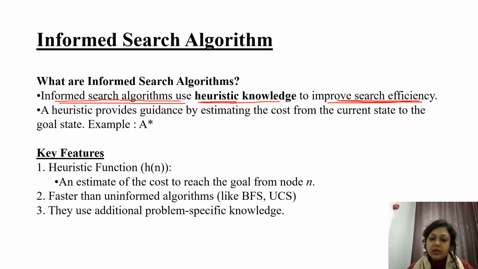A heuristic is the estimated value from the starting node to the goal node. A heuristic provides guidance by estimating the cost from the current state to the goal state.